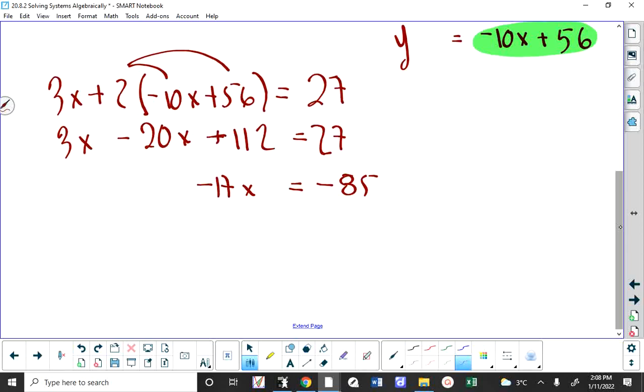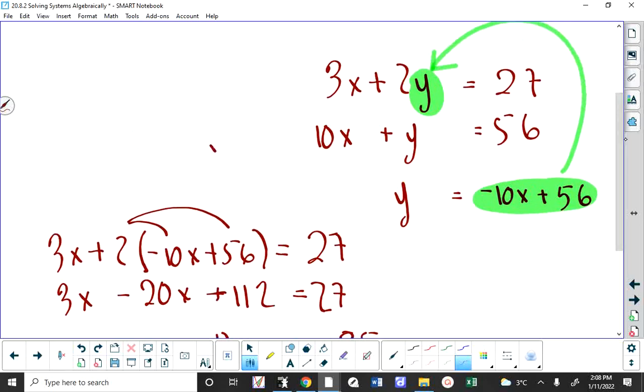So x is 5. Once you know what x is, feel free to throw that x equals 5 in wherever you like and solve for y.